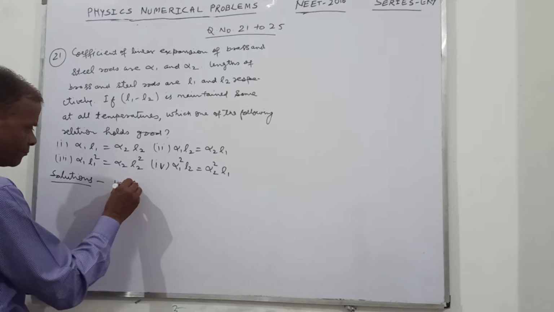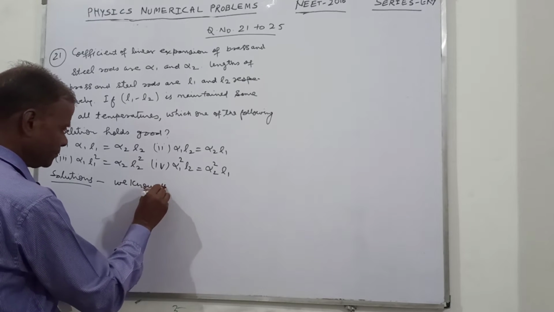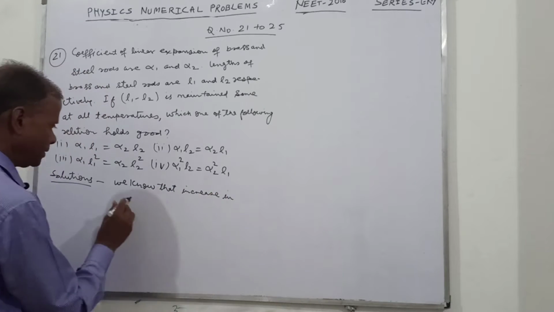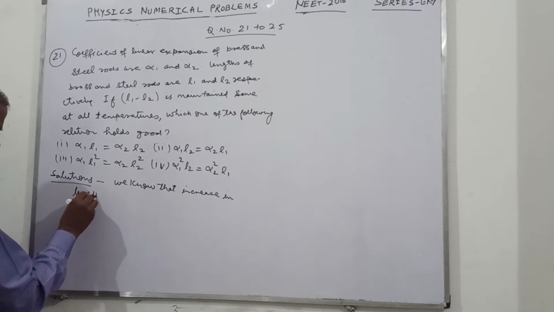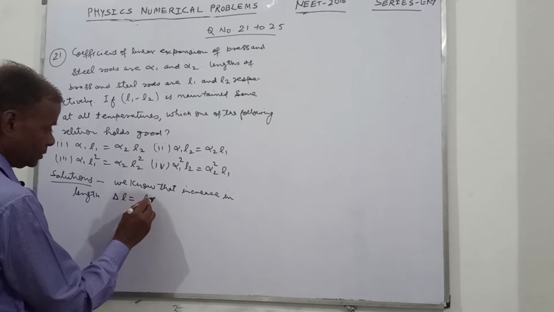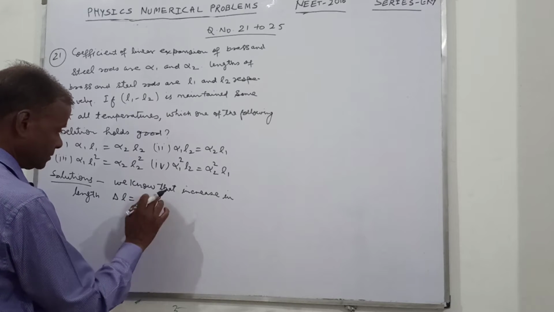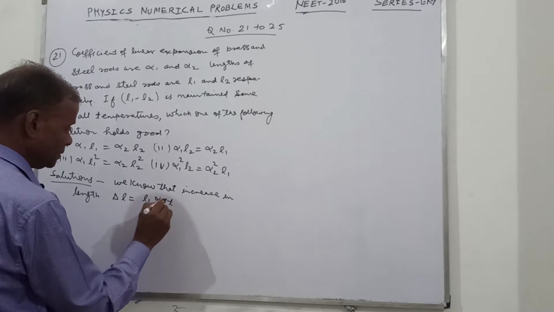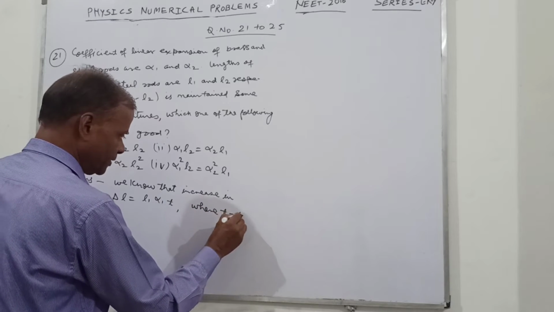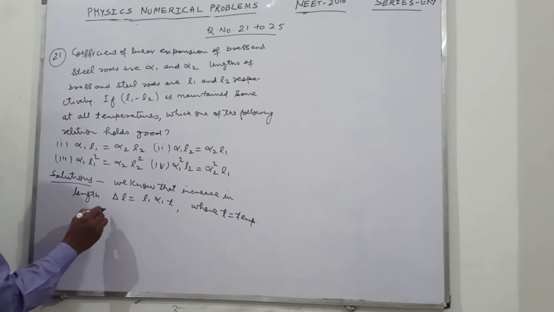So we know that the increase in length, delta L, equal to L1 alpha 1 T, where T is the temperature change.